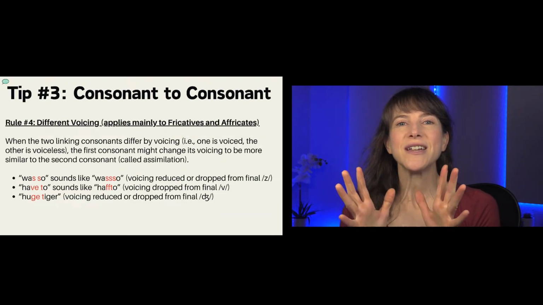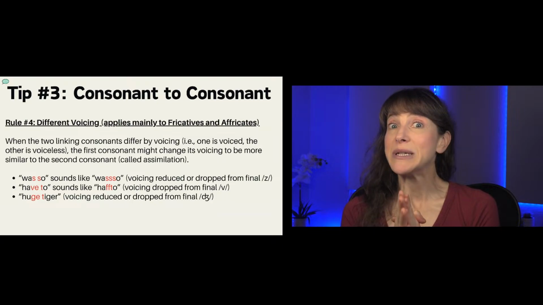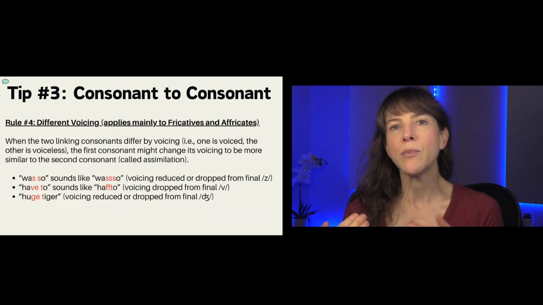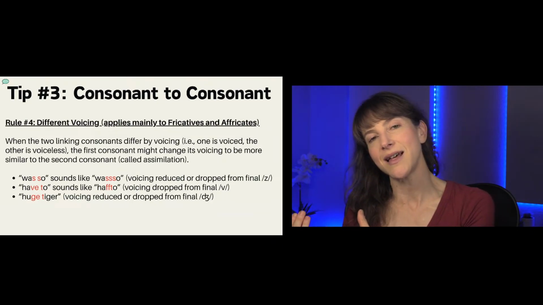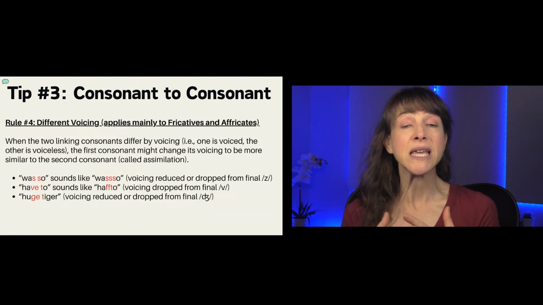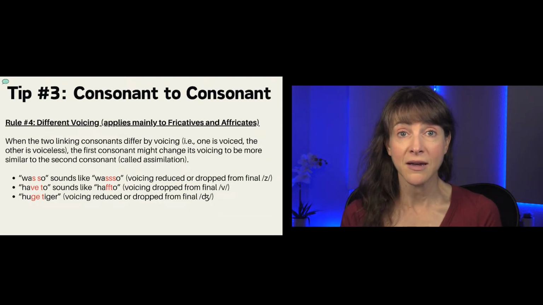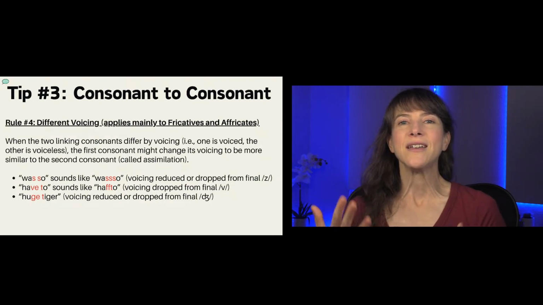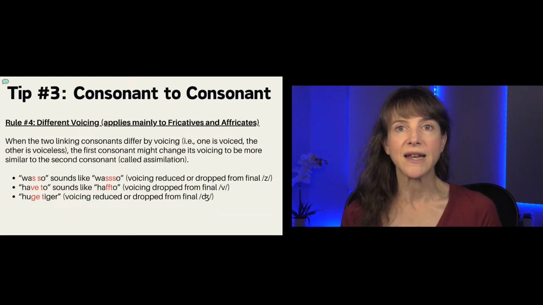So here is something called assimilation. We'll talk a little bit more about assimilation on the next slide, but I want to cover it here as well, because we're talking about linking consonants that have different voicing, okay? This applies mainly to fricatives and affricates.